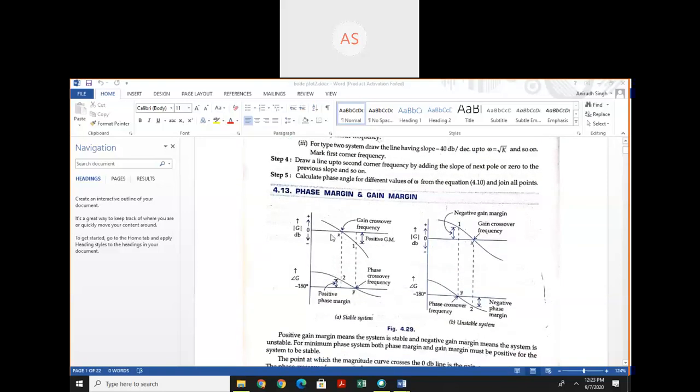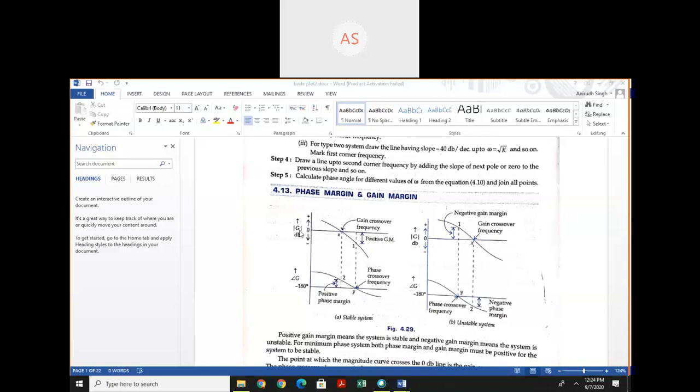This is the Bode plot, and in this Bode plot, we have to find phase margin, gain crossover frequency, and phase crossover frequency. This is the gain crossover frequency where the magnitude of G is 0 dB.